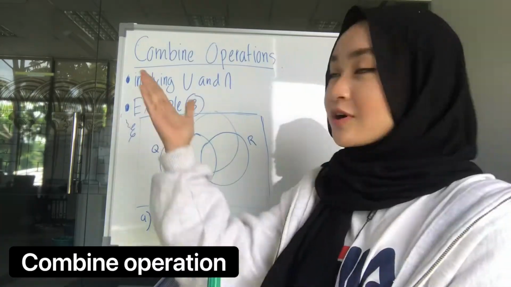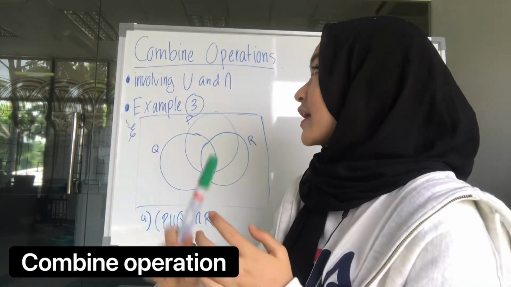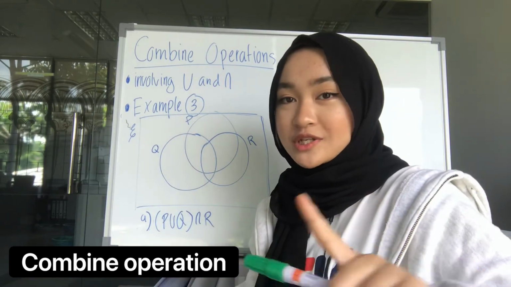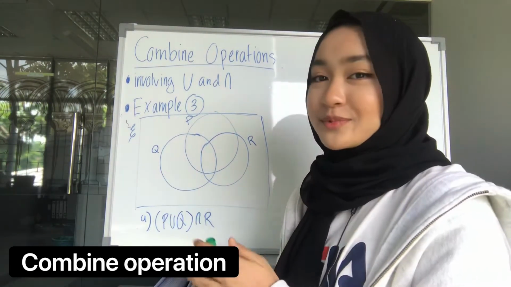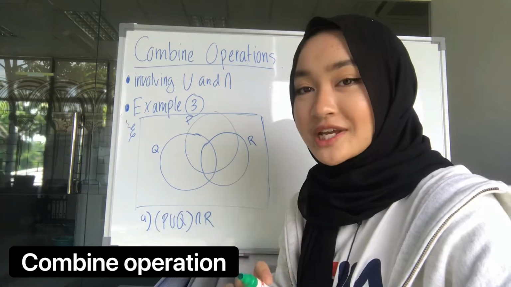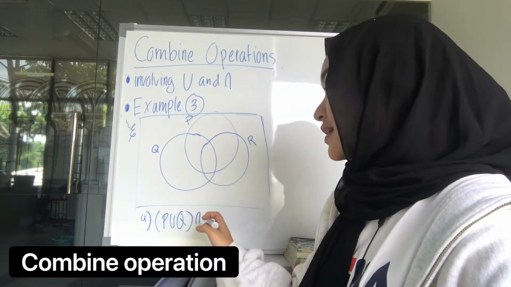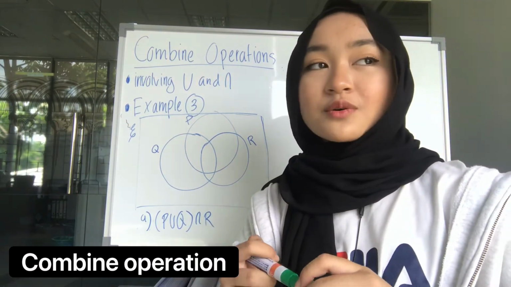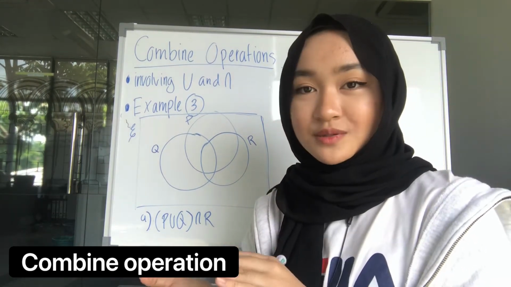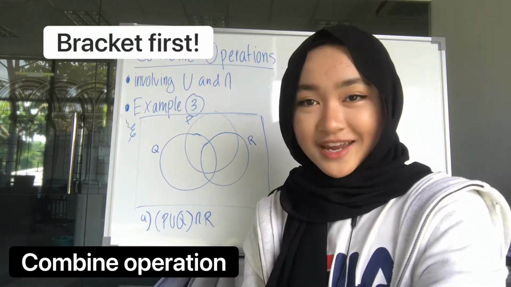Okay, next, combination of operations, which will combine union and intersection in one question. For example, in example 3, they ask us to shade the part of P union with Q and intersect with R. First thing, you need to follow BODMAS, which means you give priority to the bracket first.